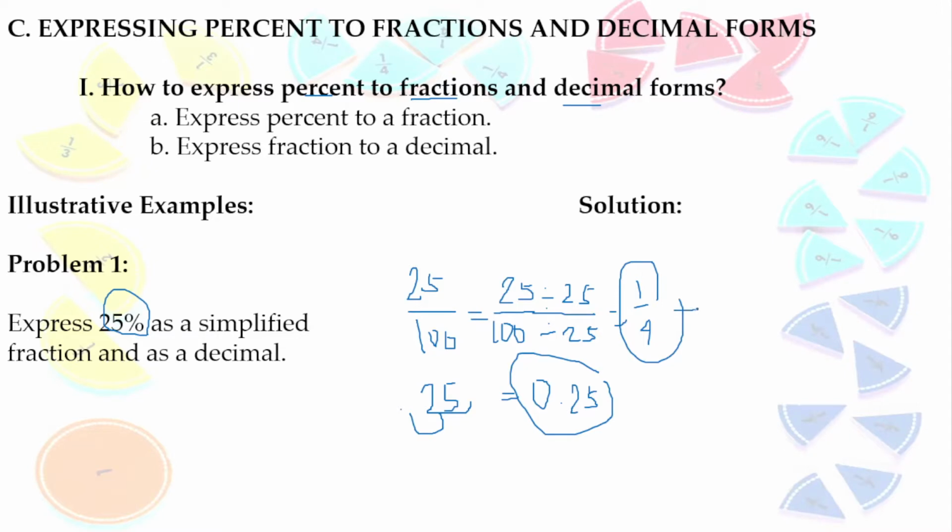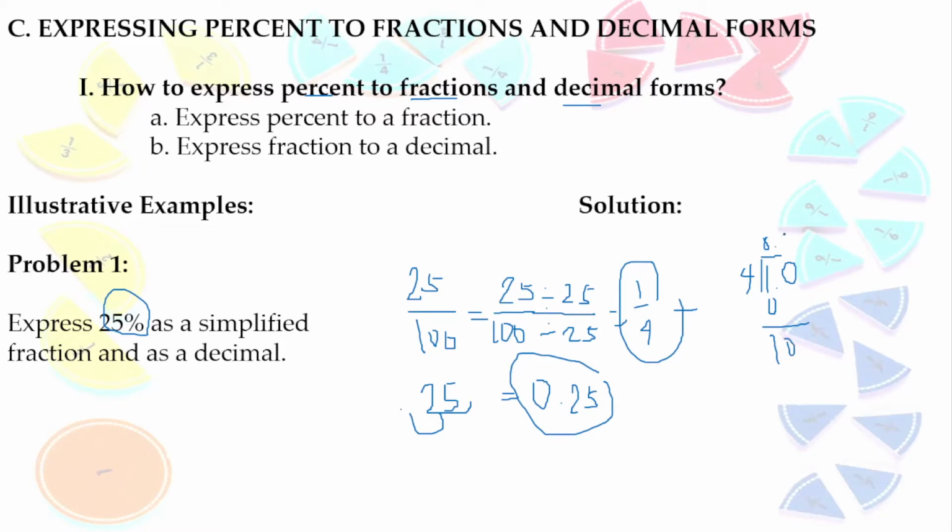Pwede rin naman po yung long method na ginagawa natin. Yung magdi-divide kayo 1/4, same lang naman po. Kaso magko-compute pa po kayo. Yun po is technique na lang po para mas mapadali po yung pag-convert nyo from fraction to decimal since na alam nyo naman po siya in percent.